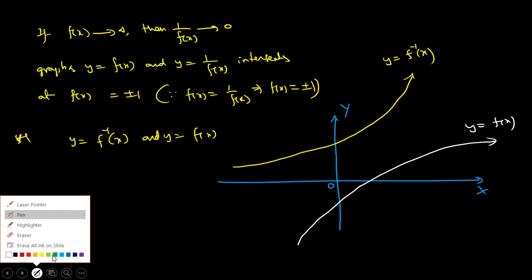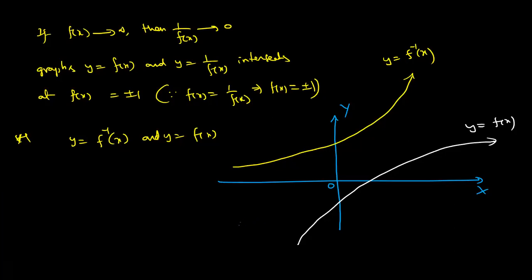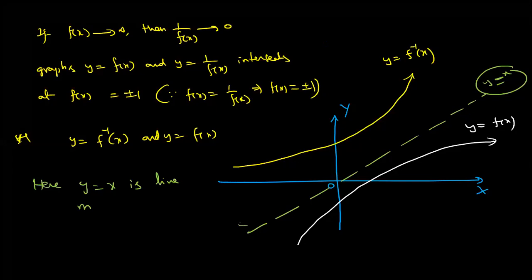Here, what is this? y is equal to x behaves as a line mirror. So y is equal to x is the line mirror. Dear students, y is equal to x is the line mirror.